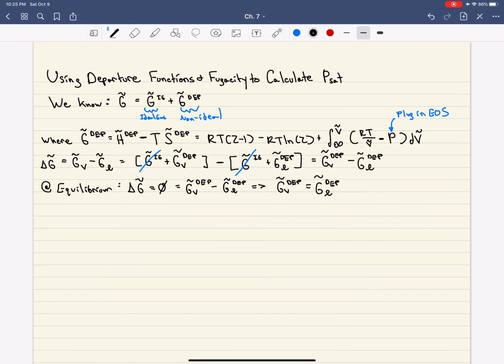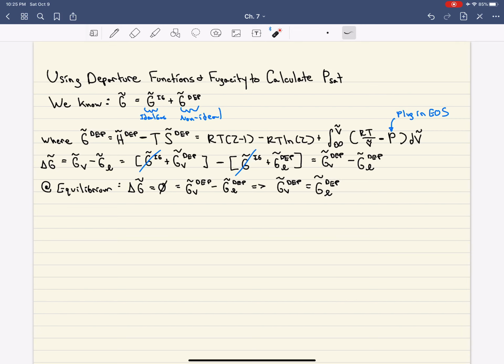So using the departure function approach, we could also define another criterion for equilibrium. We could set the departure functions themselves equal in order to identify equilibrium.